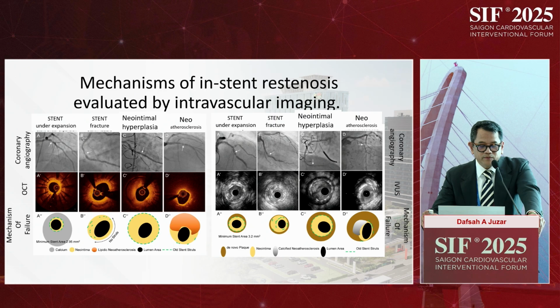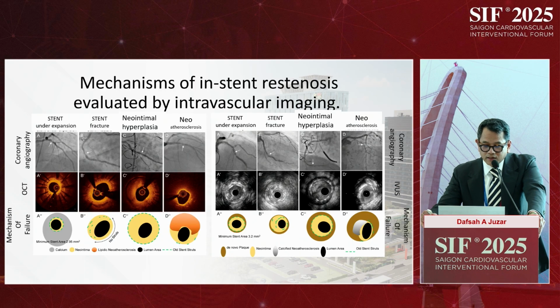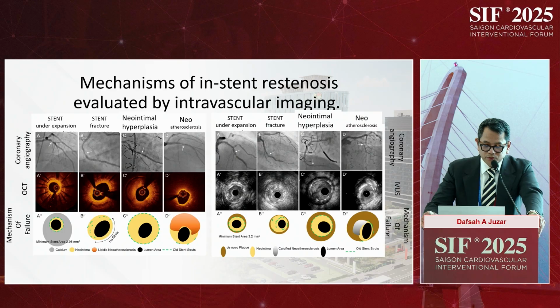So imaging is, I think, the key. First, we have to know whether it's due to stent underexpansion or stent fracture, neointimal hyperplasia, or neoatherosclerosis. I think both IVUS and OCT can do the job to differentiate the mechanism of in-stent restenosis.